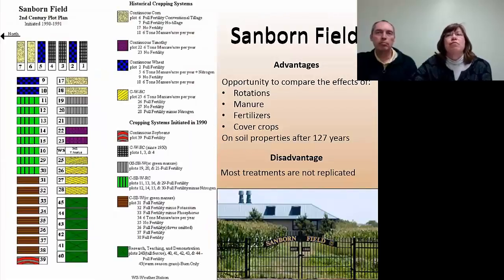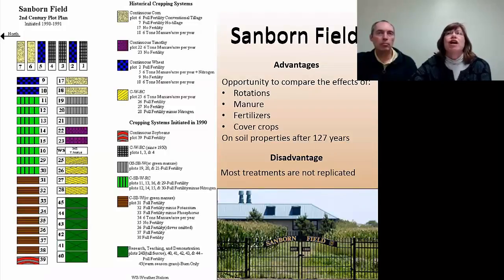Another source of information for the effects of manure on soil health is Sanborn Field. Sanborn Field has been a continuous cropping system from 1888, so it's 127 years. There are different rotations. Some plots have manures added. Some of them have different fertilizer regimes added.